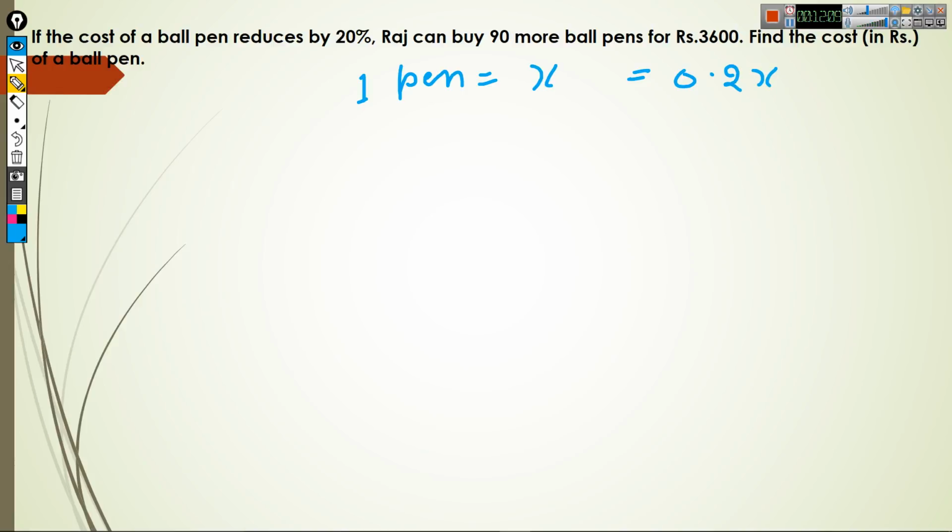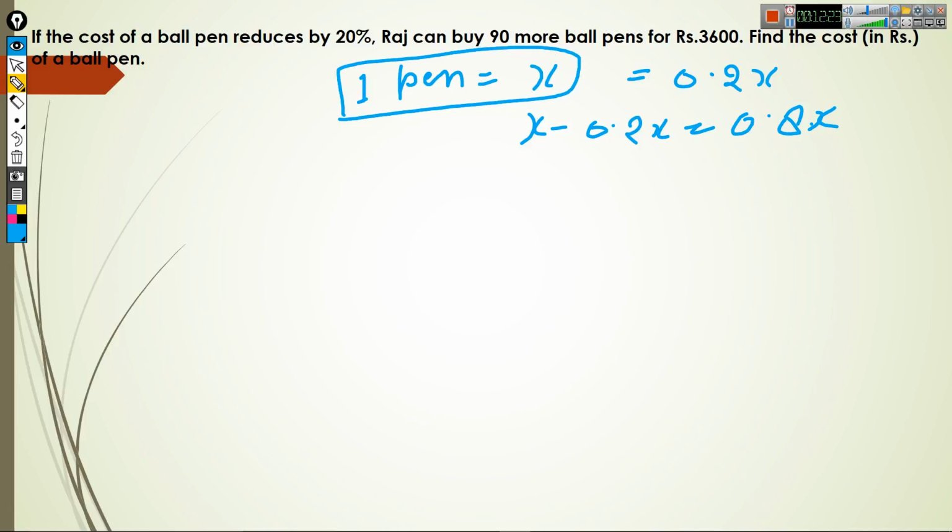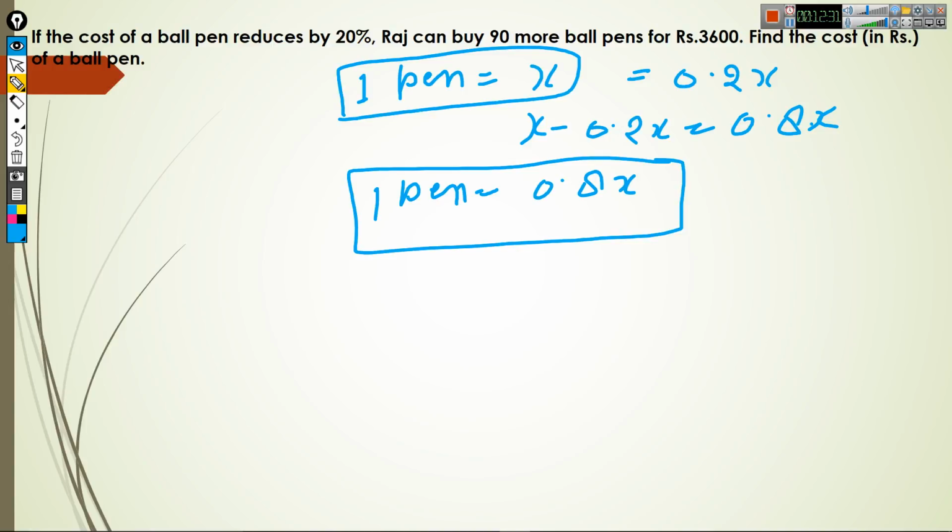So now the price of a pen is x minus 0.2x, that is equal to 0.8x. So initially the price of one pen was x, and now the price of one pen is 0.8x because the price is reduced by 20%.